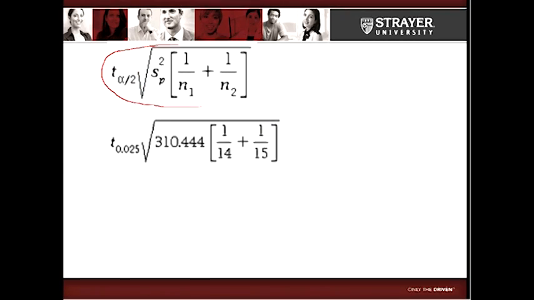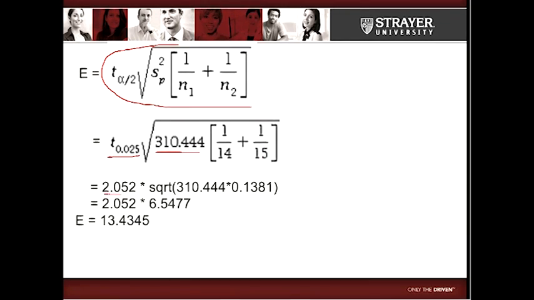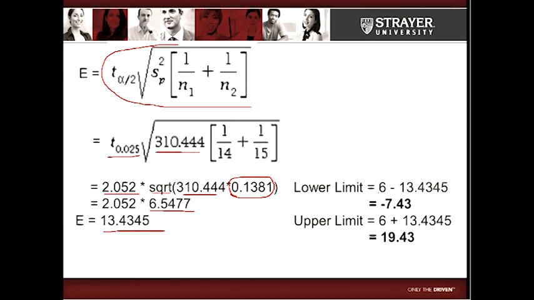Okay, so now here's that same formula again, and we're going to plug in the numbers, t of 0.025. Remember that pooled variance was 310. The t is 2.052 times the square root of 310.44 times, and 1/14 plus 1/15 is 0.1381, and then that much is 6.54, so your margin of error is 13.4345.